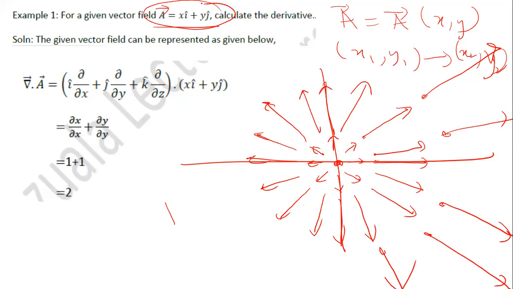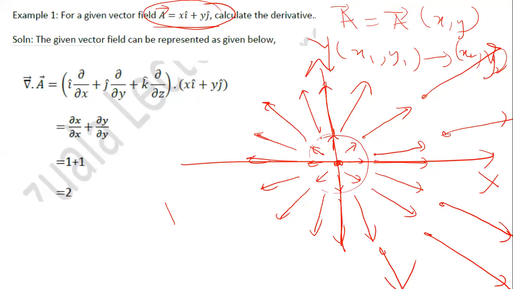If you construct this vector in this x and y space, you will find that it represents a vector field which is pointing away or diverging away from the origin. Vector field in the sense that towards the origin, when the space coordinates x and y values are small, the vector magnitudes are small.